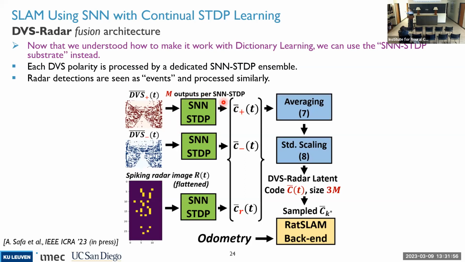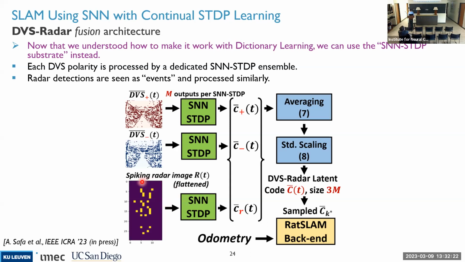Remember the first fully connected SNN system that I showed you at the beginning. These positive polarity spikes have their own dedicated SNN STDP ensemble. The negative polarity has its own ensemble. And then finally, we also have the radar detection that you can see here. It is fed also to its own SNN STDP network.